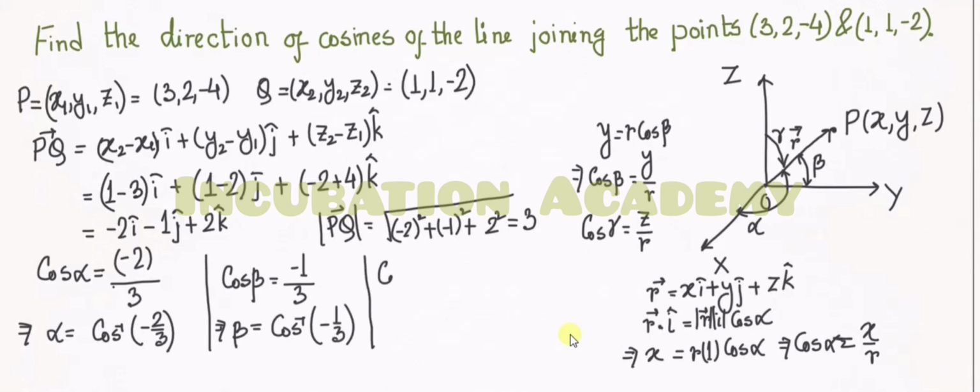Cos gamma is equal to 2 by 3, so gamma is equal to cos inverse of 2 by 3. So cos alpha, cos beta and cos gamma are the direction cosines of the line joining the two points, which is the PQ vector, with alpha with the x-axis, beta with the y-axis and gamma with the z-axis. Thank you all of you.